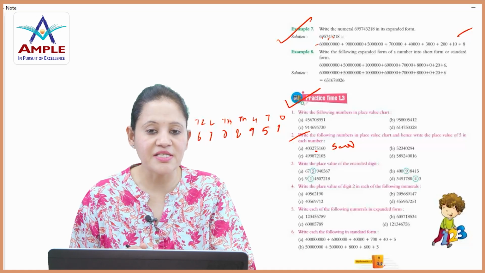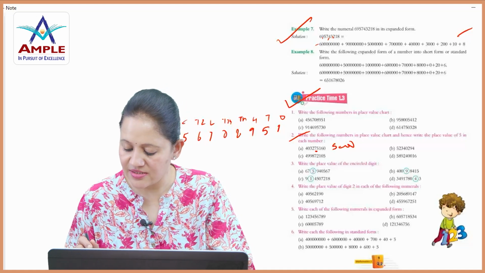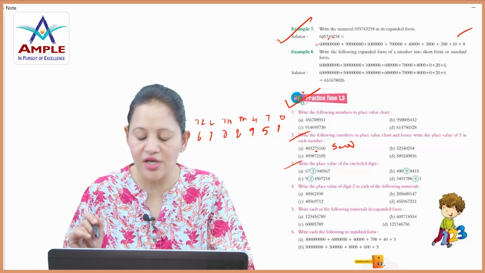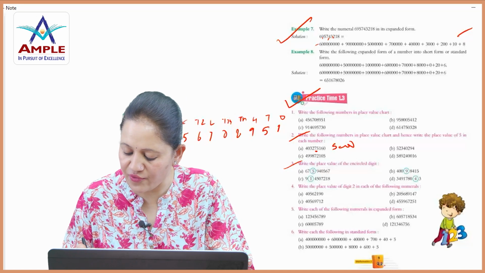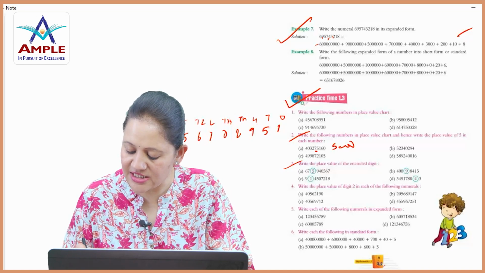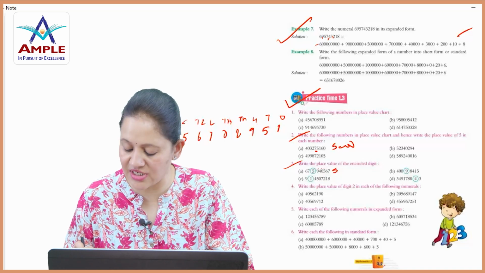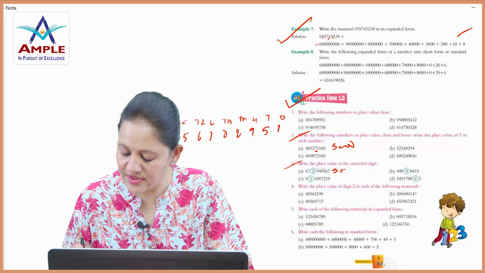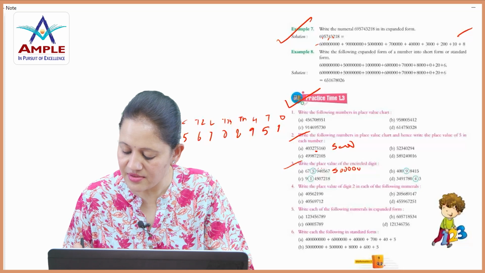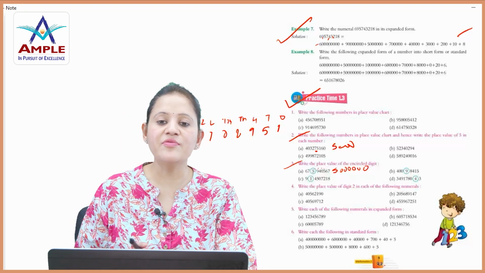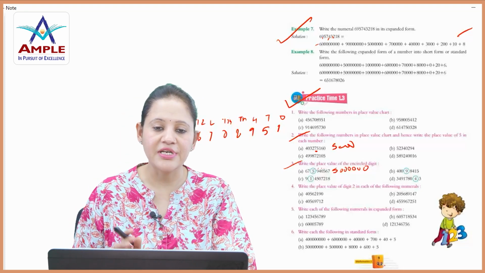Next, write the place value of the encircled digit. So, here we have to write the place value of 5. Ones, tens, 100, 1000, 10,000, lakh, 10 lakh. 10 lakh means 50 lakh. So, that will be the place value of the encircled digit.